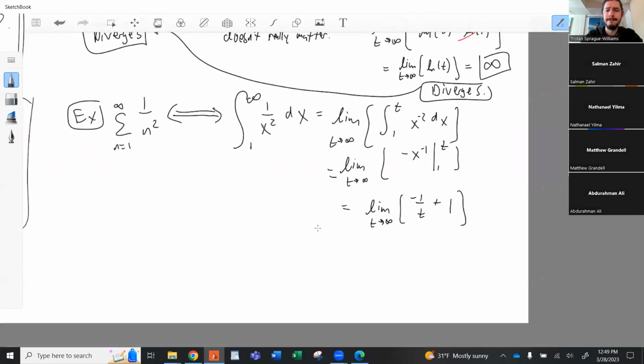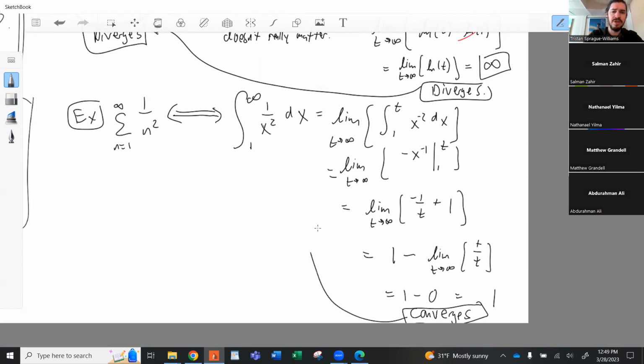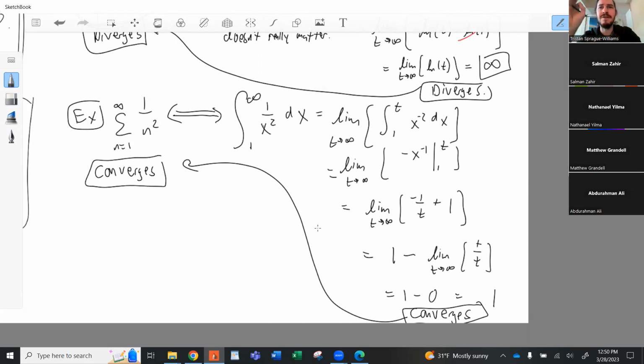This is 1 minus the limit of 1 over t, and since that's 0, it's 1. So it converges. That means that the series also converges, because like I said, their fates are intertwined.